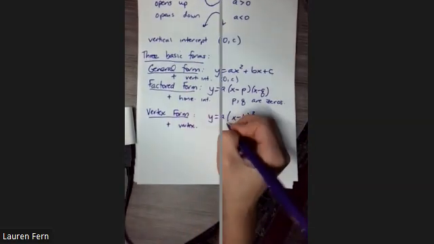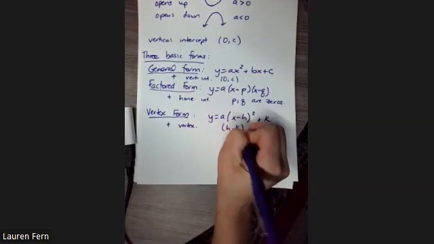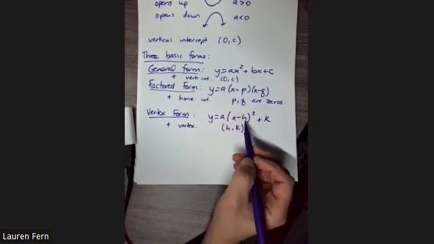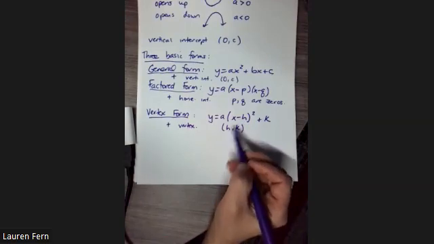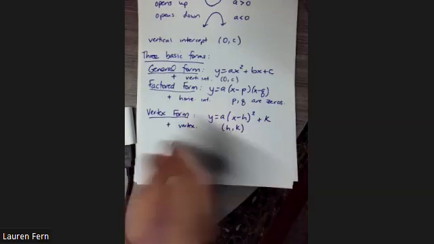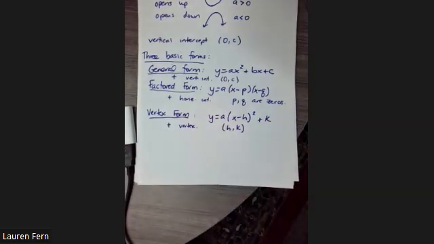In this form, I claim that my vertex is (h, k). Notice my h has the opposite sign here, and my k has the same sign. And knowing your vertex is very helpful because you know that one side is a mirror image of the other side.